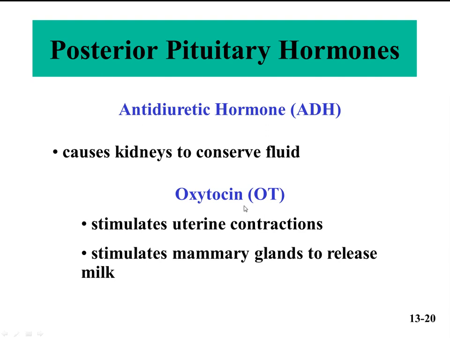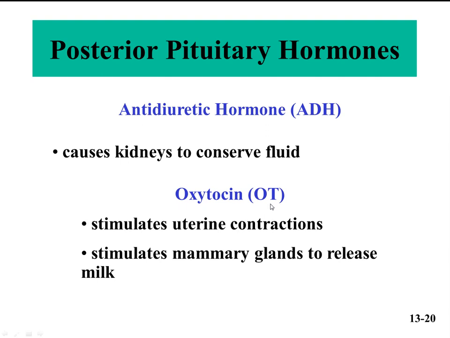Another posterior pituitary hormone, oxytocin. Now, you might have heard this if you have been around pregnant women who are trying to give birth or after birth. The drug oxytocin could be given to the expecting mother when they're trying to promote contractions and promote the delivery of that baby.